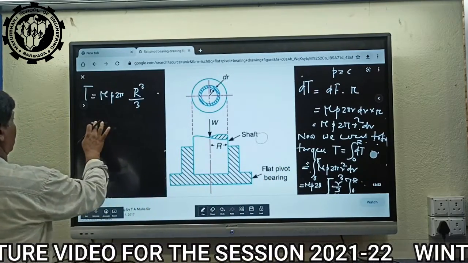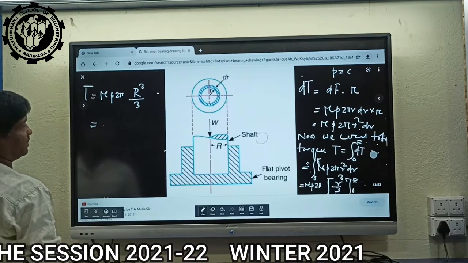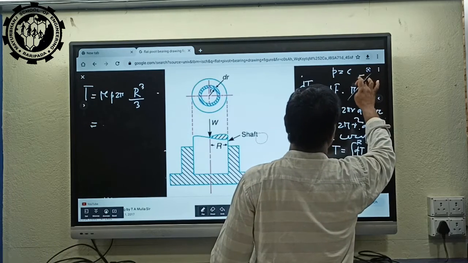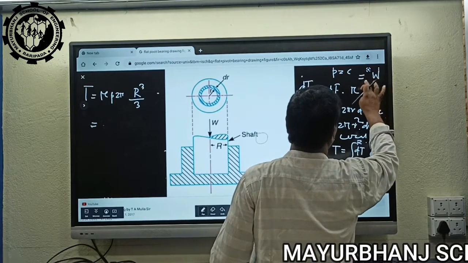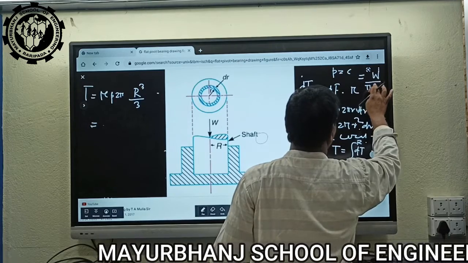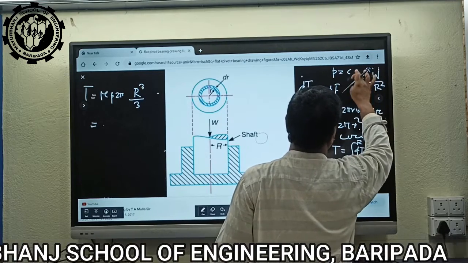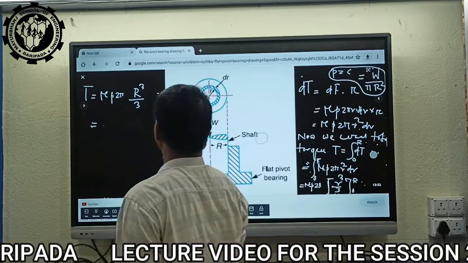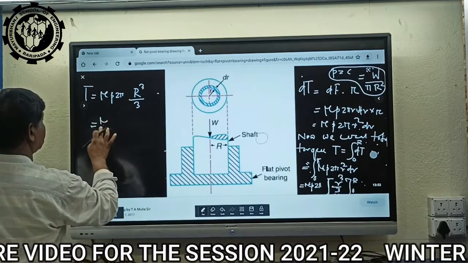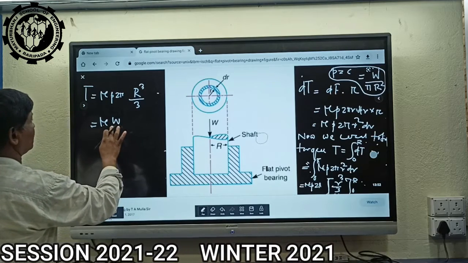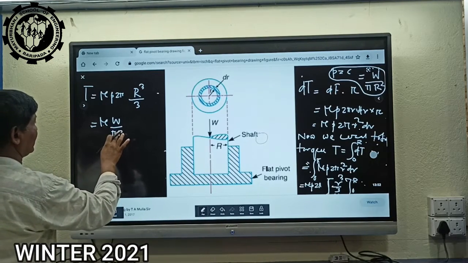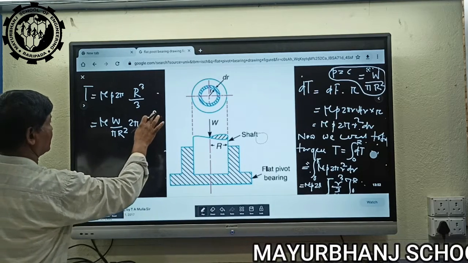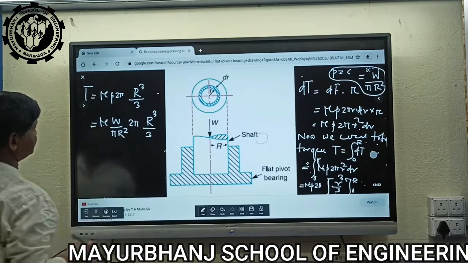Then putting the value of small p, that is the constant pressure, total load W by total area pi R square. That is the value of P. So mu W by pi R square into 2 pi R cube by 3.